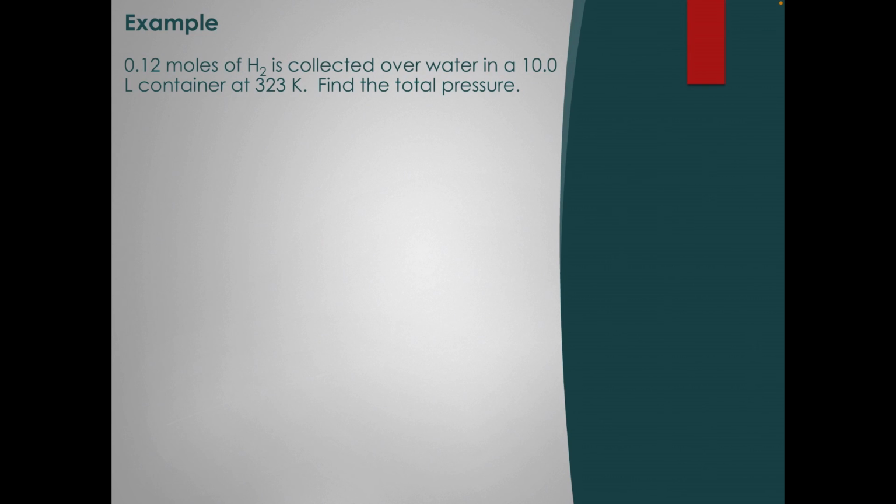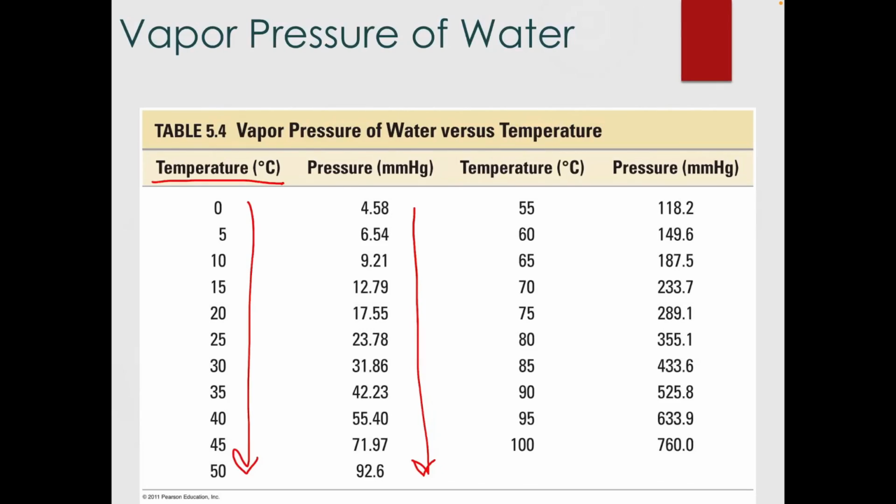So here's our example. 0.12 moles of hydrogen is collected over water in a 10-liter container at 323 Kelvin. Find the total pressure. Okay, so our total pressure is going to be our pressure of hydrogen plus our pressure of water, so plus our water vapor. If we go back and look at the table, we are using 323 Kelvin, so we need the vapor pressure of water at 50 degrees Celsius.